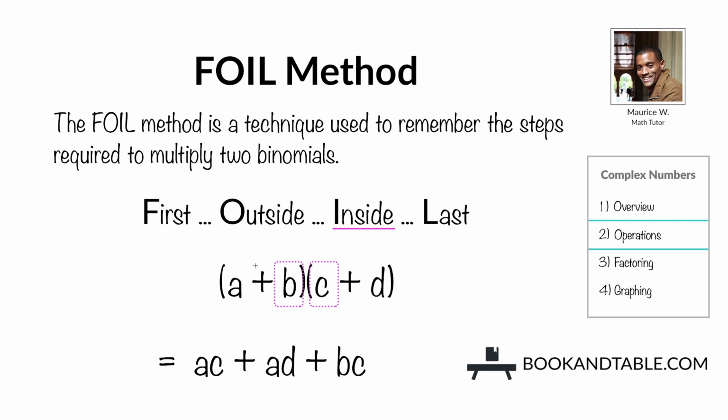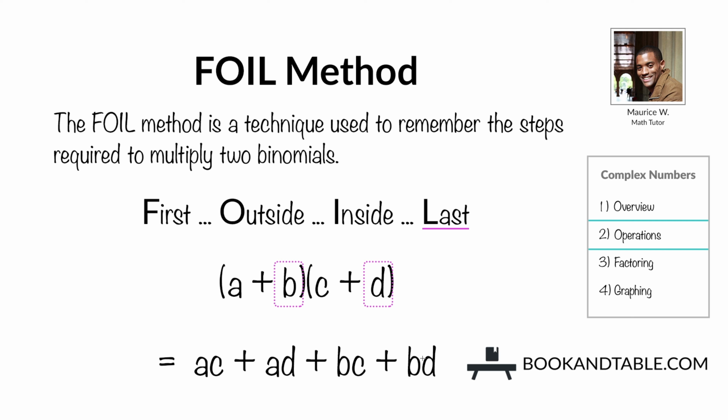So notice now we are taking the second term in our first complex number, and now we are about to multiply it times each of the terms in the second binomial. So again, I in FOIL stands for inside, which means we're multiplying the terms on the inside. So b times c gives us bc. And then the L in FOIL stands for last, which means we're multiplying the last term in each binomial, which will give us b times d, which is bd.